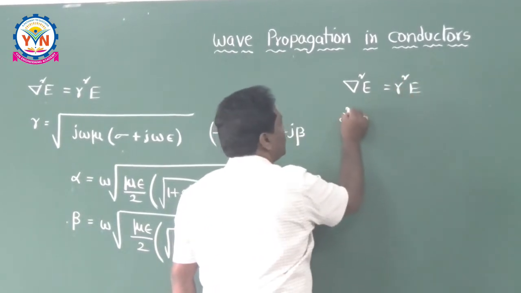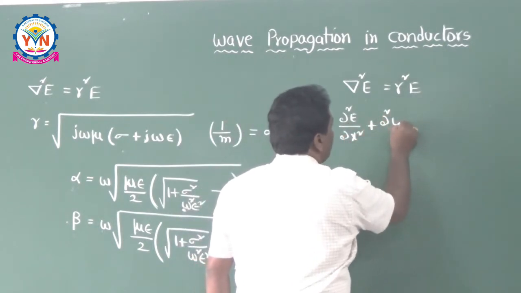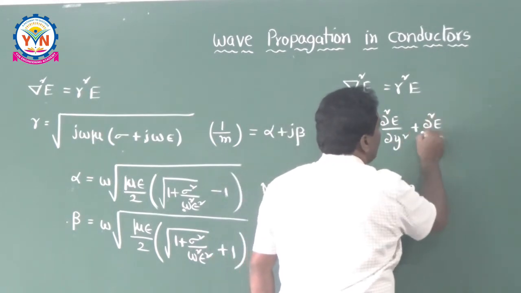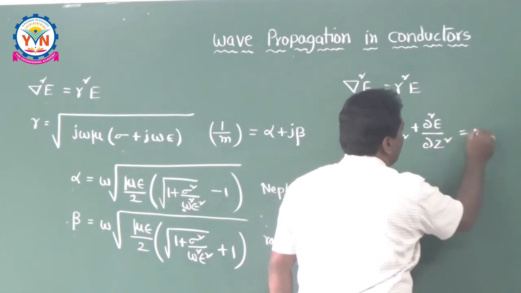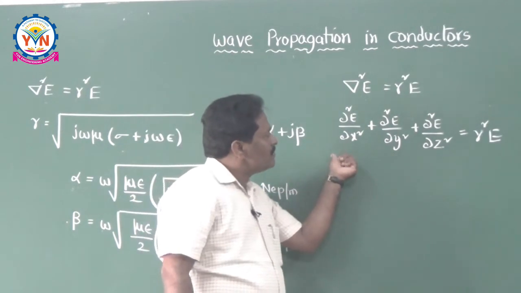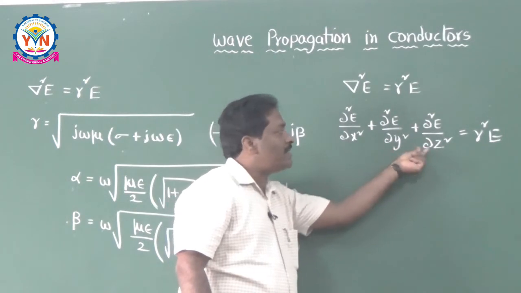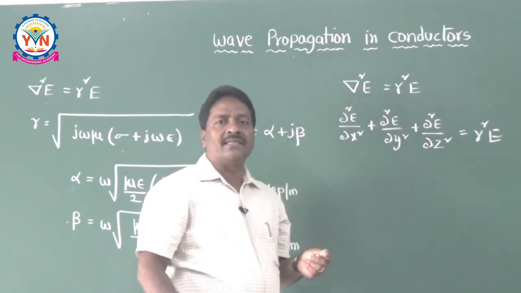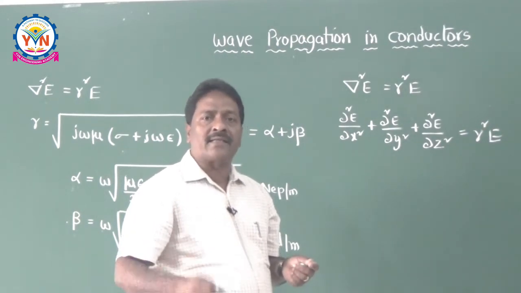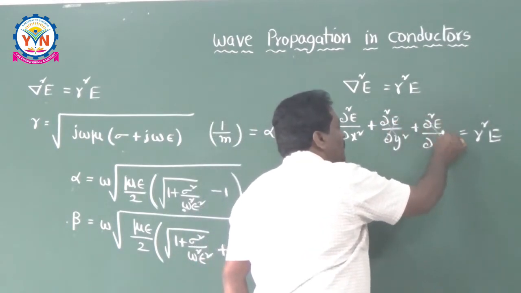You can expand it: dou square E by dou x square plus dou square E by dou y square plus dou square E by dou z square is equal to gamma square E. This del square is telling about the waves in 3 directions, x, y and z. Tackling 3 directions is a difficult issue, so I am assuming that my wave is propagating in the x direction, and you can say it is independent of y and z.